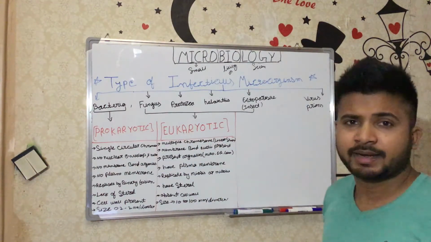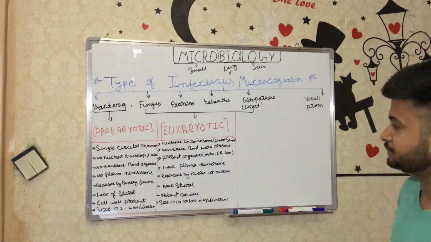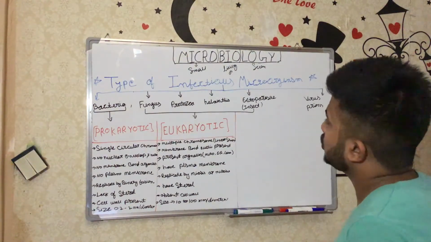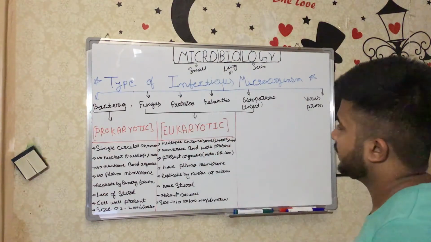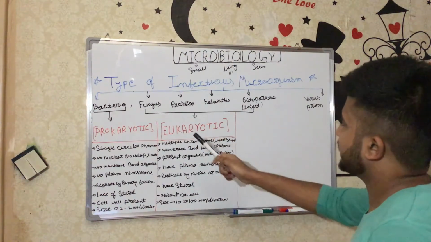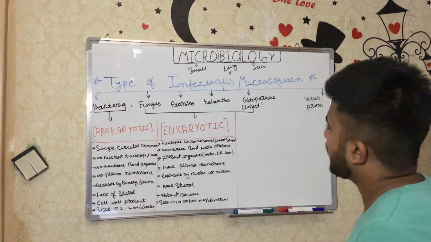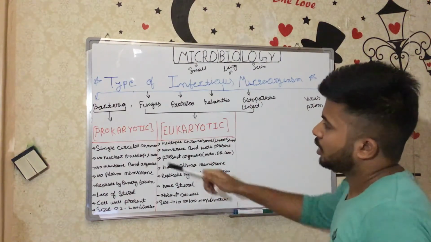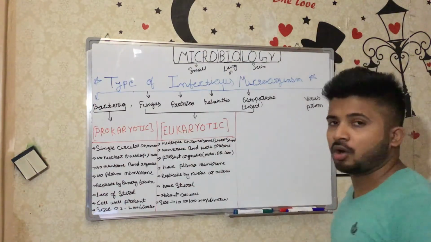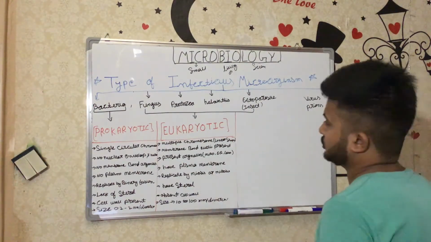This also we studied in 10th, 11th and 12th. So eukaryotics include fungus, protozoa, helminthes and ectoparasite. These four are in the eukaryotic category, and all types of bacteria belong to the prokaryotic.